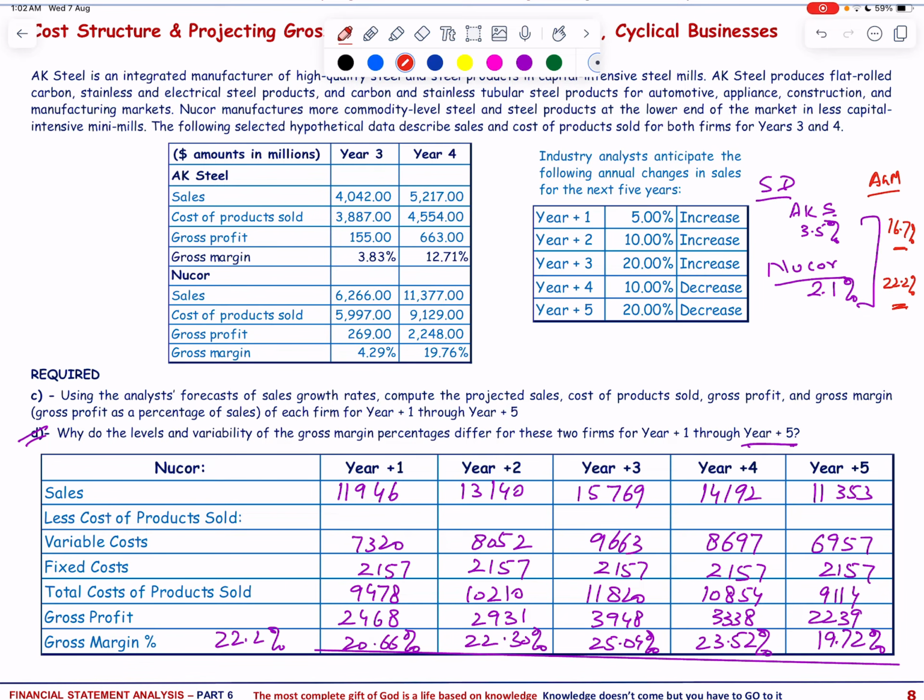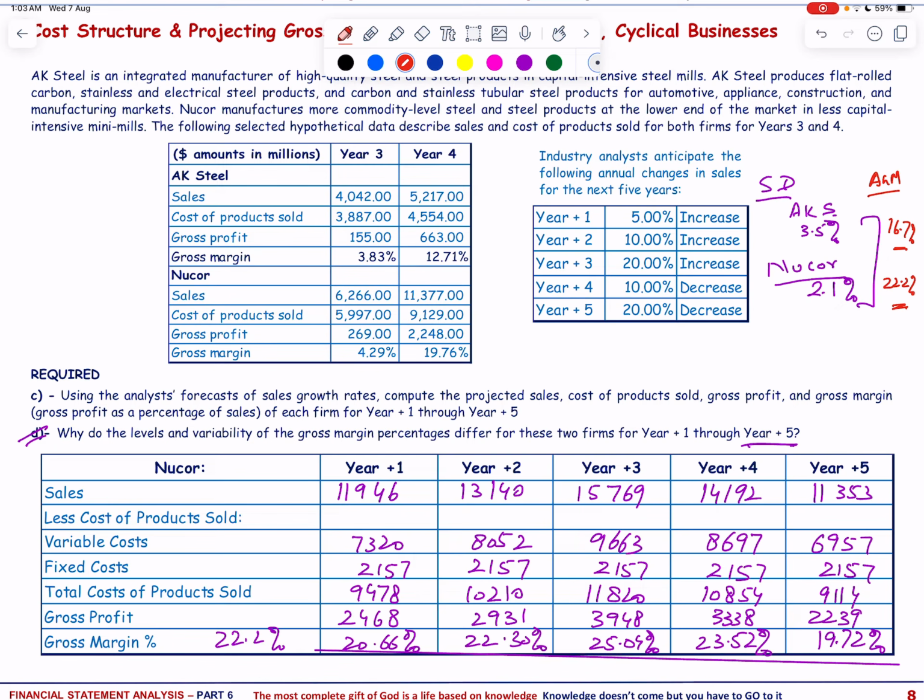Nucor's larger size means that its fixed costs, which do not change with production levels, are spread over a greater volume of sales. This lowers the average fixed cost per unit, contributing to a higher gross margin.